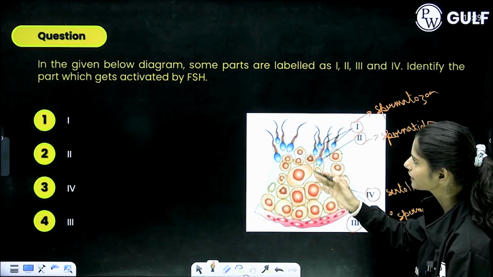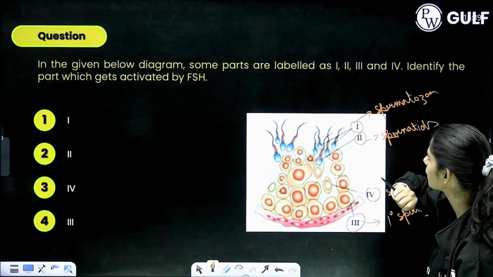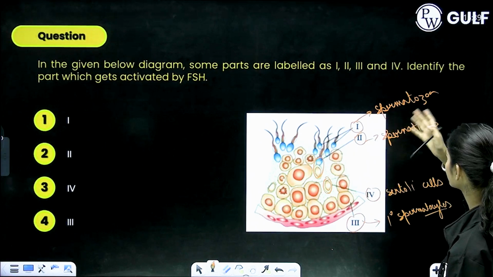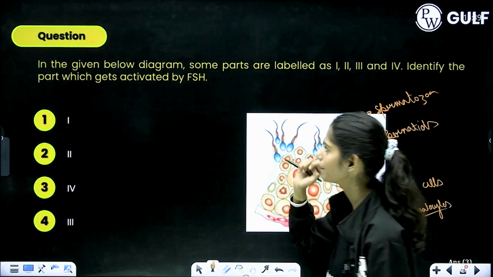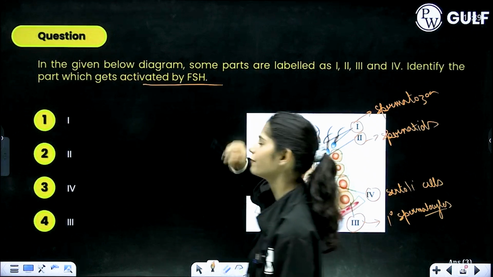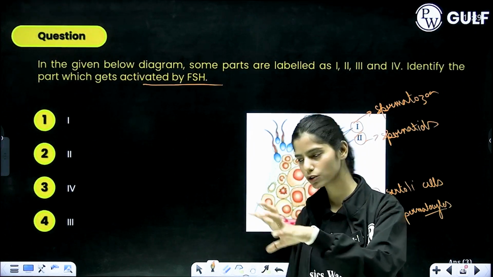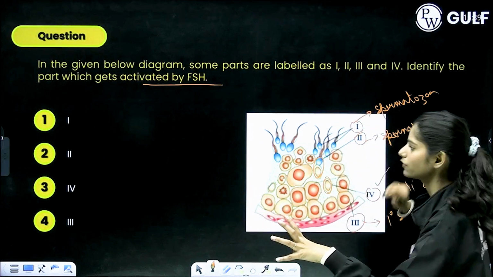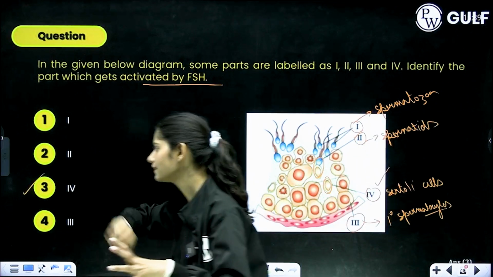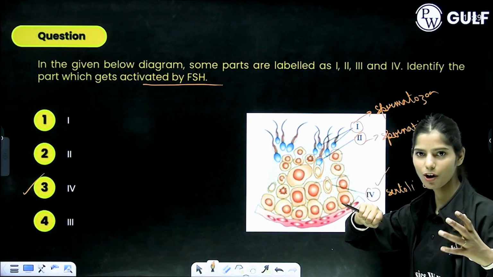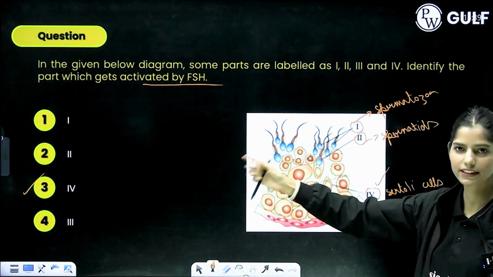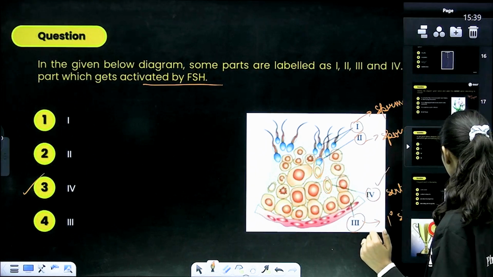In the given diagram, some parts are labeled as first, second, third, and fourth. You have to identify the part which gets activated by FSH. Follicle stimulating hormone is going to act upon Sertoli cells. The correct answer is going to be the third option, the fourth part. I hope this part is clear to you.